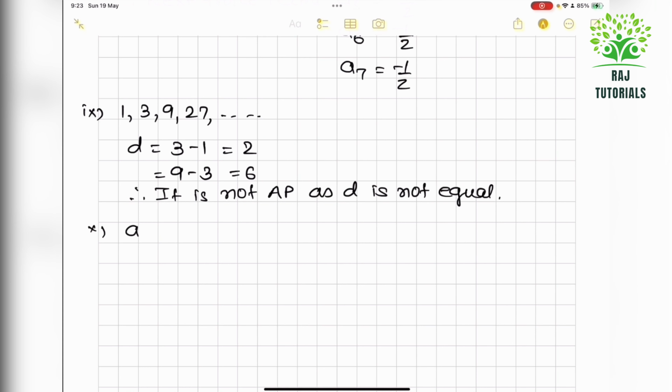10th one, it says A, 2A, 3A, 4A, and so on.